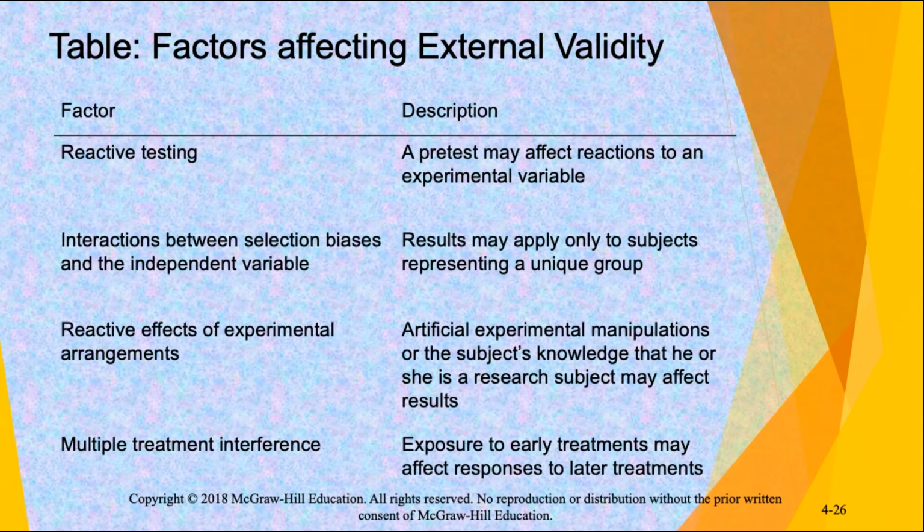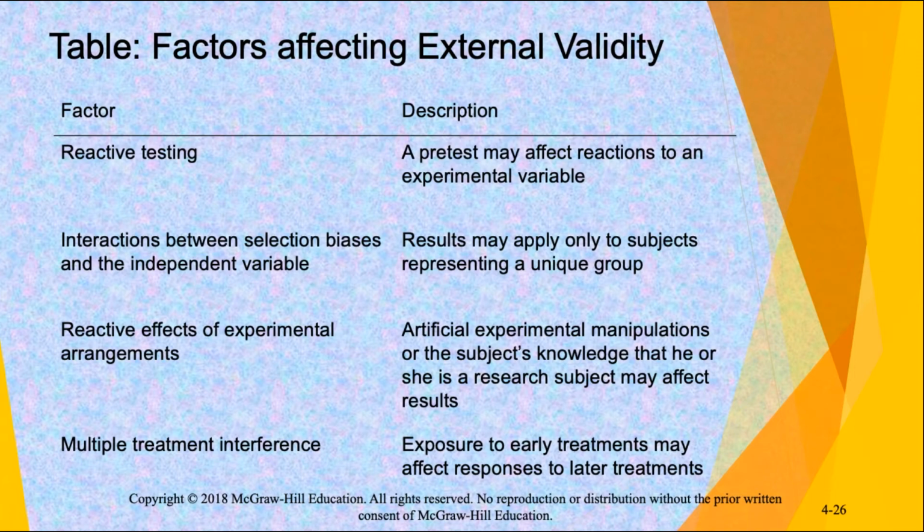Then we have factors affecting external validity. For example, you have reactive testing, when a pretest may affect a reaction to an experimental variable. Therefore, it will affect the whole research. Interaction between selection biases and the independent variable: results may apply only to subjects representing a unique group.